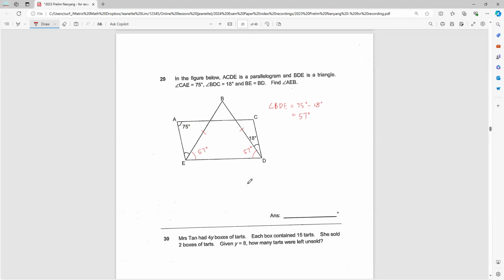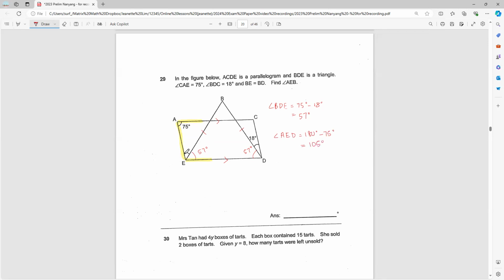Now take note, this is parallel lines. Angles between parallel lines add up to 180. So let's find AED first, which is 180 minus 75, 105.